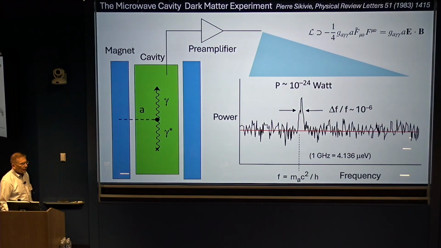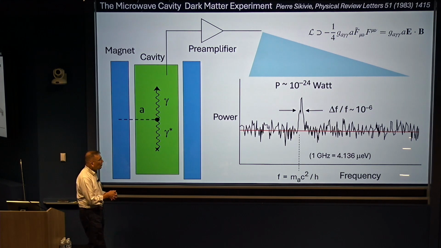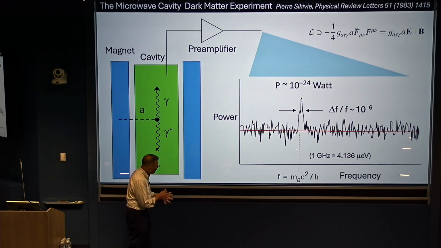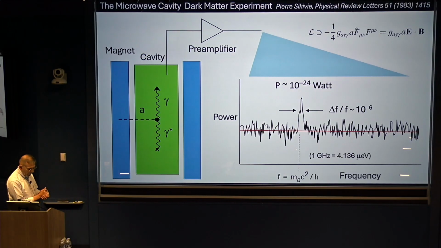This was a paper that kicked it all off. I looked the other day, I think there's about 3,400 citations. Pierre taught us how to look for dark matter axions, non-relativistic very light axions in our galactic halo.